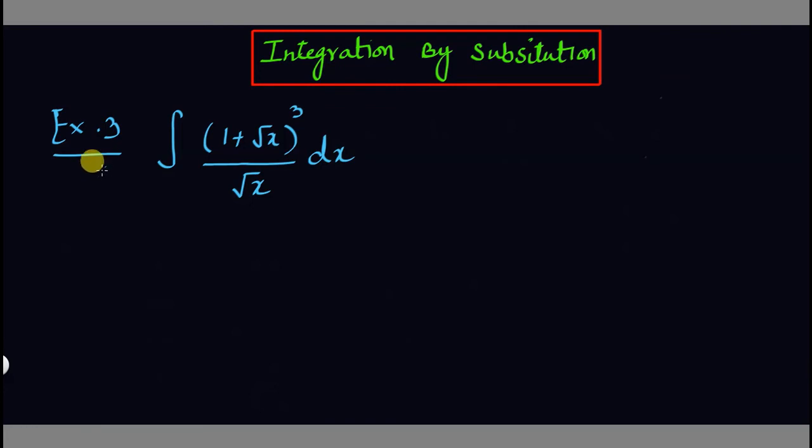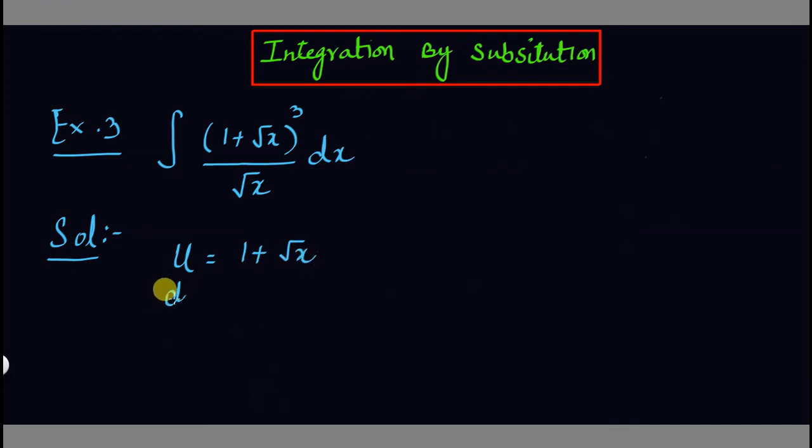Now example number 3. In this example you can see there are two functions, one in the numerator and one in the denominator, and which function will you select as a substitution? This is actually the art, how to select the function. I will select the function in the numerator without power. 1 plus square root of x will be my substitution. Why?